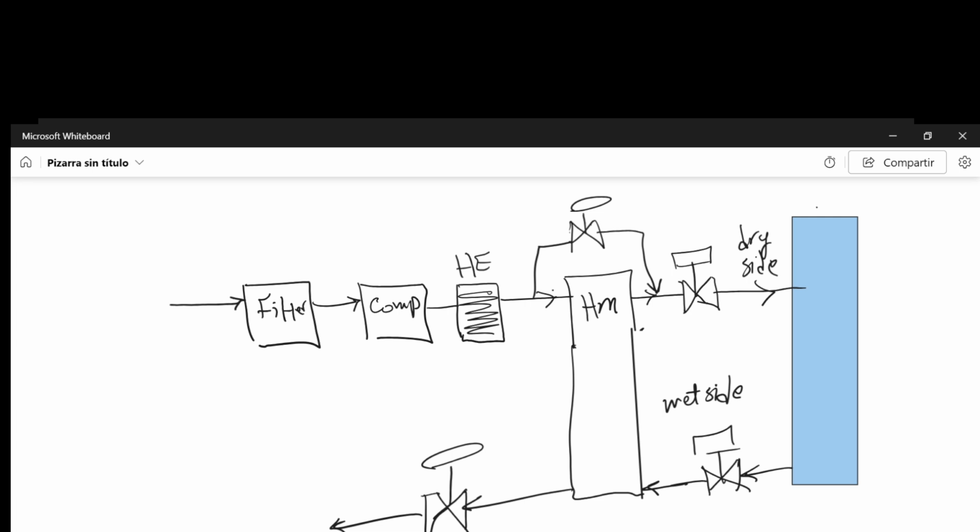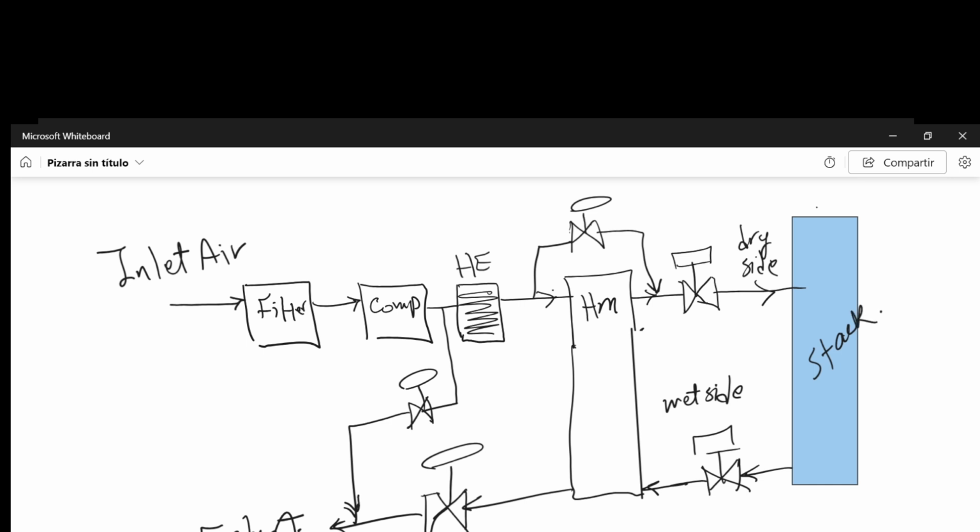And after the compressor there is another control valve that goes to the exhaust. So here we have the exhaust, and the inlet air here. In this video we would like to check why we need these different components. And this is the stack.